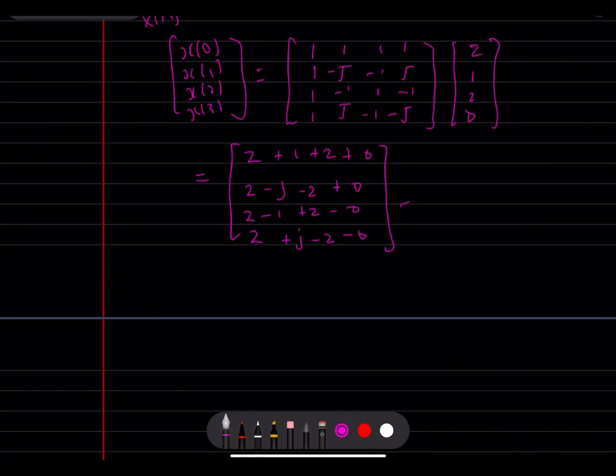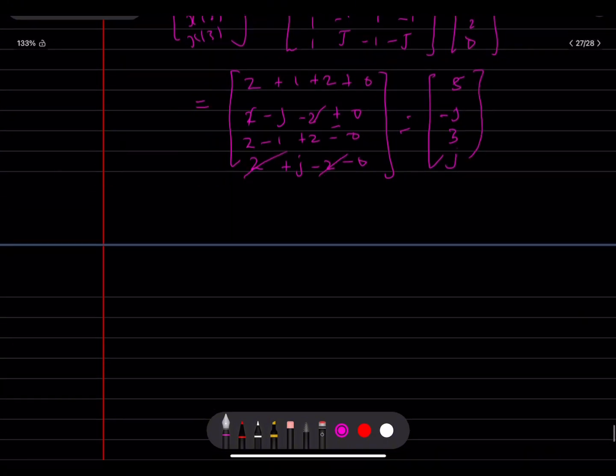So at the end of the day, this is what we get: 5, then the summation gives us -j, then 3, and the next one cancels to give us j. Therefore our X of k is equal to 5, -j, 3, and j.